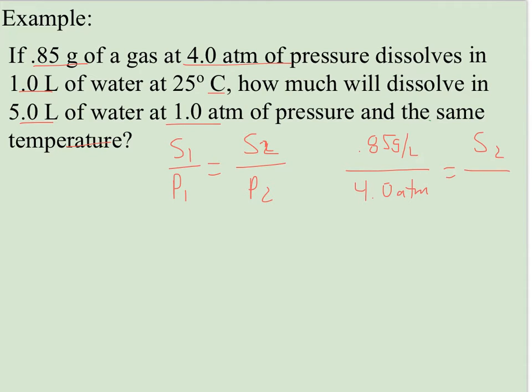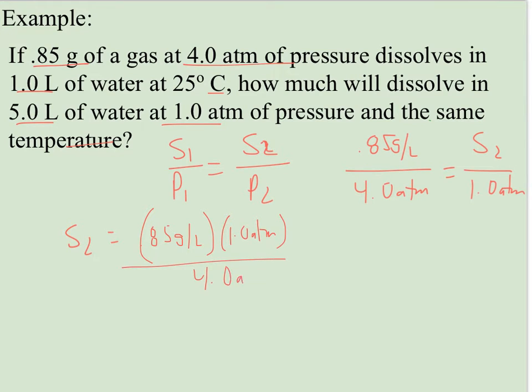What is the solubility when my pressure goes down to 1 atmosphere? So if I cross multiply and divide here, I find out that S2 is going to be equal to 0.85 grams per liter times 1 atmosphere divided by 4 atmospheres.